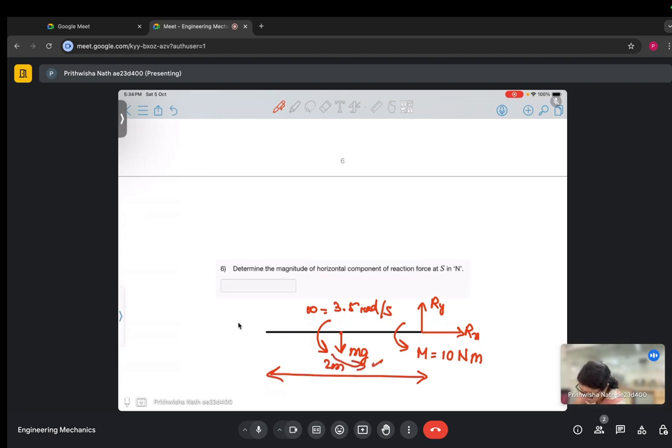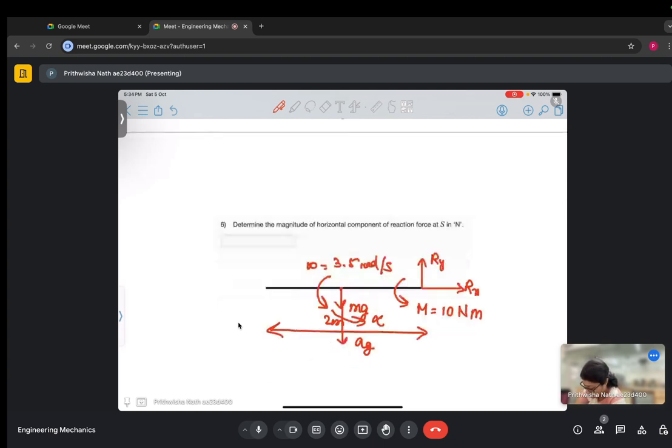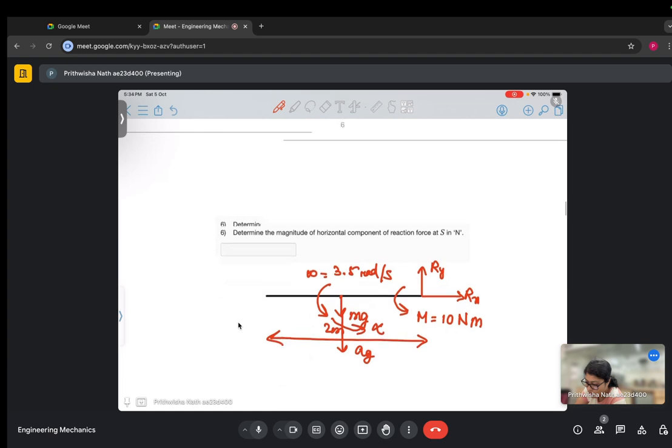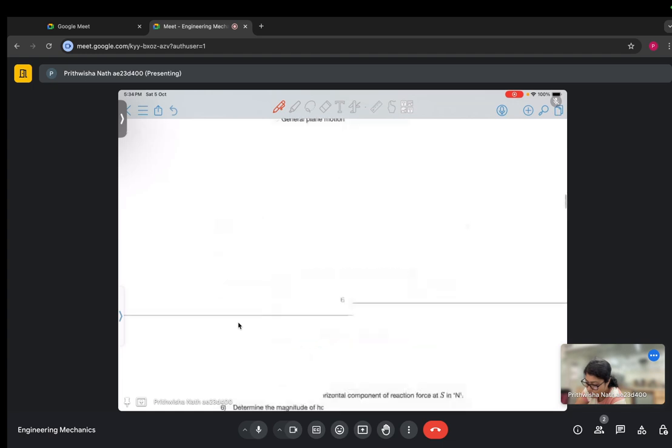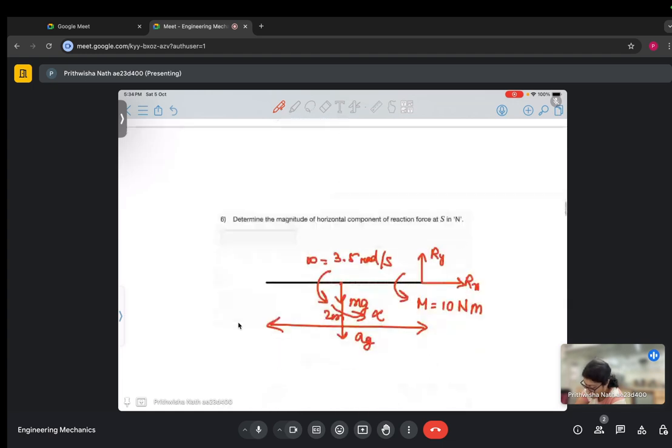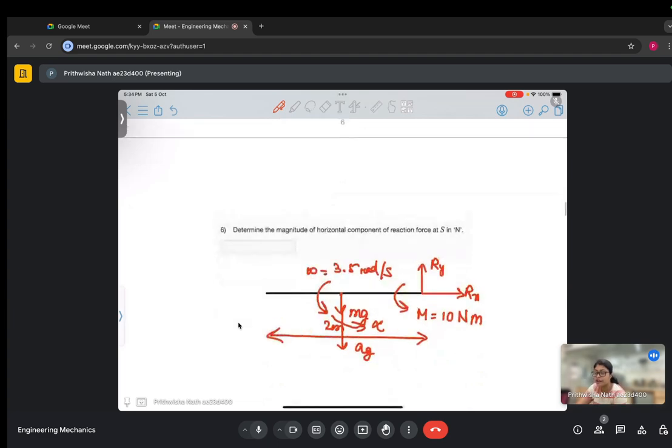This also has an angular acceleration, and ag will be in this direction only. Now we are asked to first find out the horizontal component of reaction force, that is this Rx.